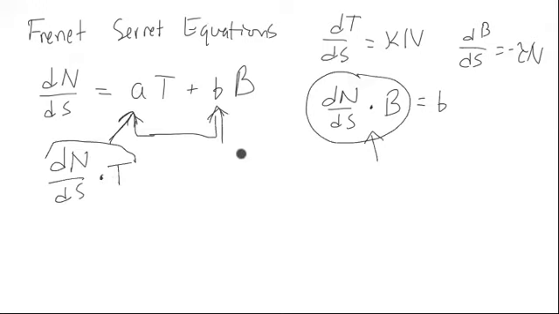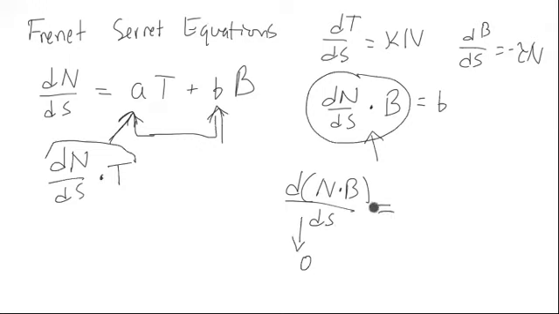In order to do that, let's first start with this one over here. This actually looks like part of a product rule with N times B. We're taking a derivative. Well, this is very nice because N and B are orthogonal to each other, so this dot product is just 0. So in particular, this derivative is 0.